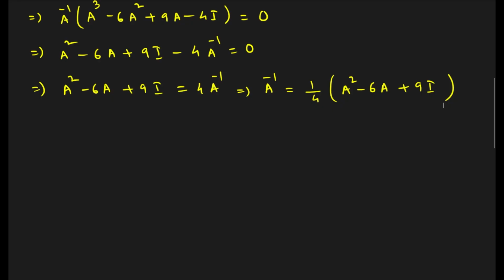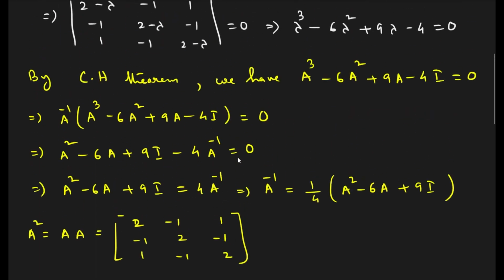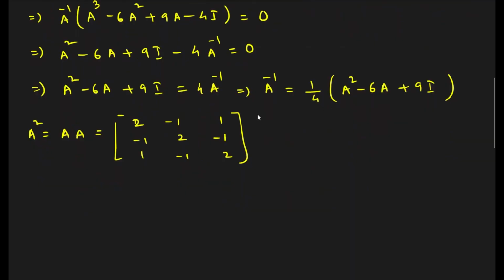Now we need to find A square. How will we find A square? A square means A into A, the same matrix. You have to multiply it twice. So A square will be the matrix 2 minus 1 1, minus 1 2 minus 1, 1 minus 1 2, multiplied by the same matrix 2 minus 1 1, minus 1 2 minus 1, 1 minus 1 2.